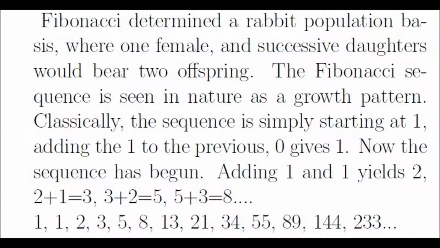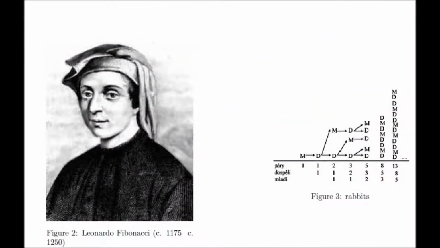Adding 1 and 1 yields 2, 2 plus 1 equals 3, 3 plus 2 equals 5, 5 plus 3 equals 8, and so forth: 1, 1, 2, 3, 5, 8, 13, 21, 34, 55, 89, 144, 233, etc.